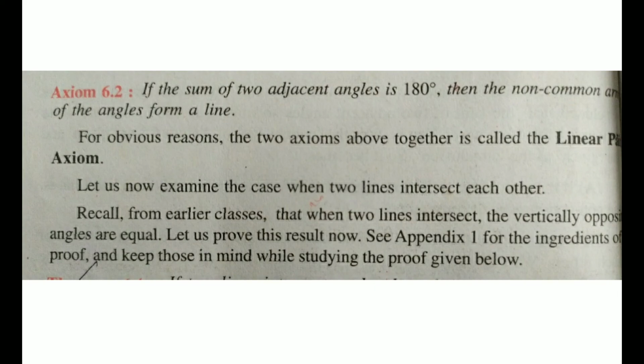The first axiom is that if a ray stands on a line, then the sum of the two adjacent angles formed is 180 degrees. The second is the same truth with the statement reversed: if the sum of two adjacent angles is 180 degrees, then the non-common arms form a line. This one is the second axiom.